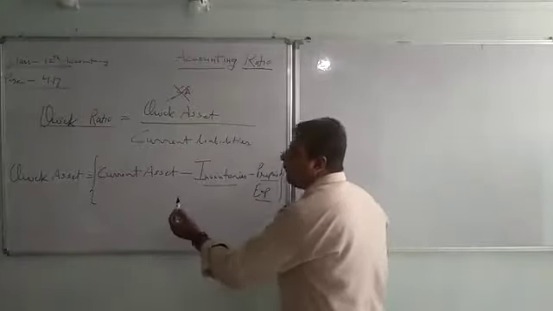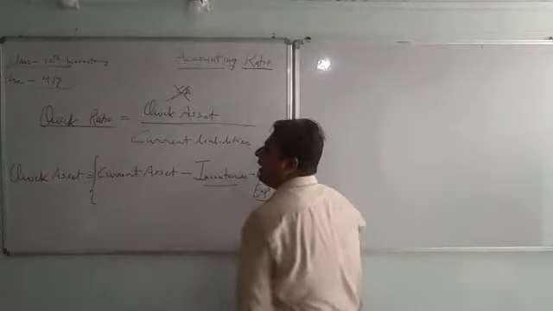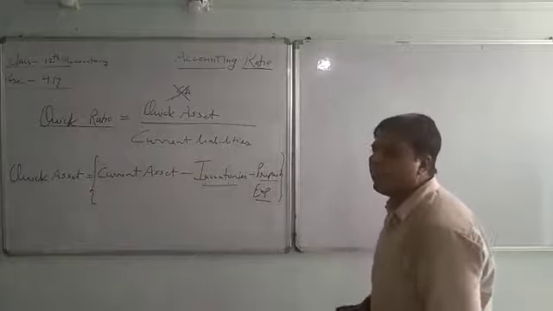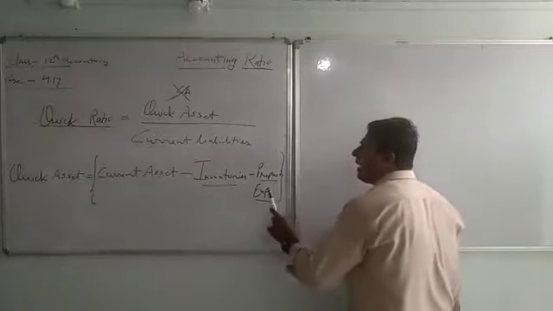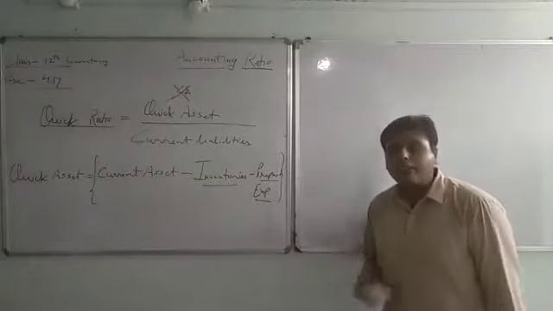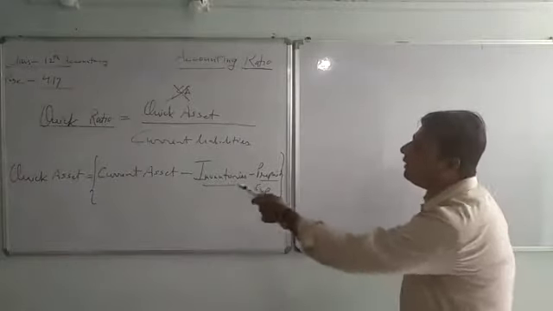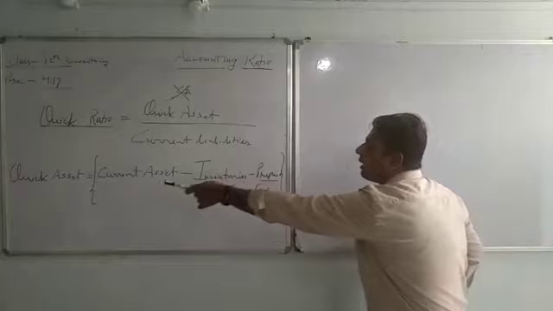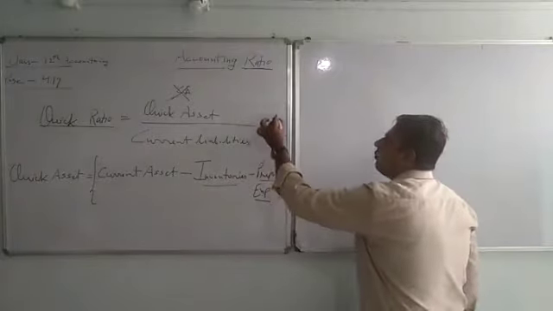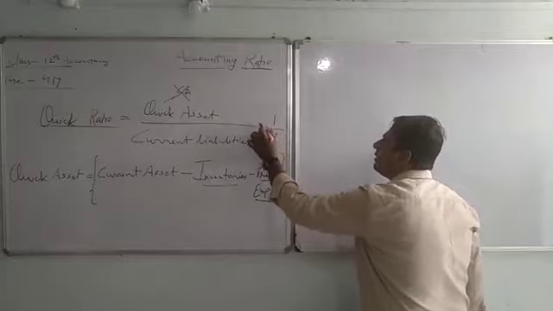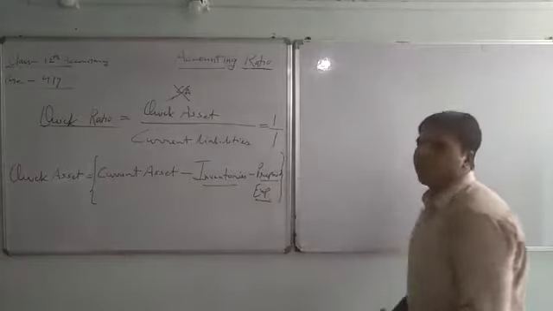So for finding the quick asset, what we have to do is we have to minus inventory and prepaid expenses from current asset. Then we are able to find the quick asset. Its ideal ratio is 1:1.